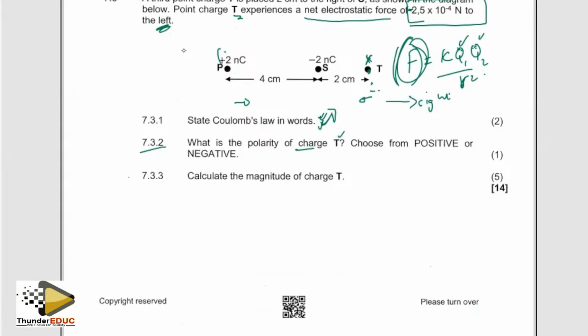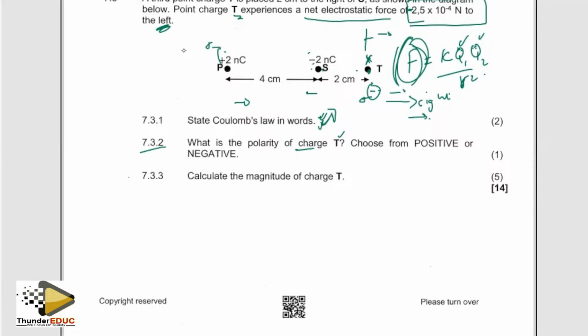Then if we're looking at S and T, it's going to be a repulsion, which means it will be pushing this away and also pushing, which means our net should be to the right if the charge is negative. So the charge cannot be negative. If it's positive, a positive and a positive will cause some bit of repulsion, which is fine.